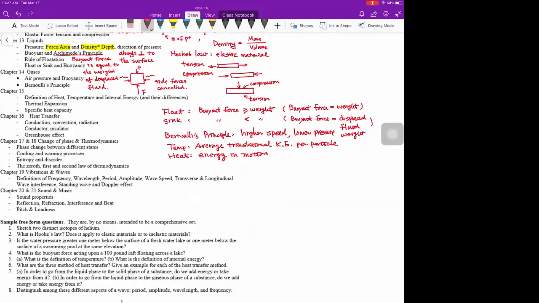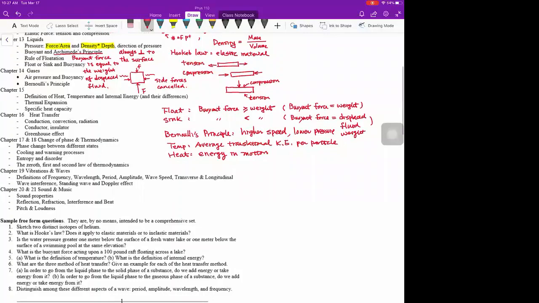Internal energy is related to the temperature: the higher the temperature, the higher the internal energy. Internal energy also depends on the amount, so more amount is going to have more internal energy.